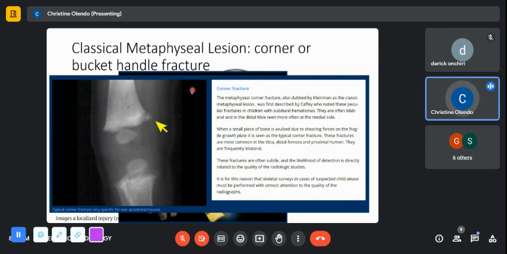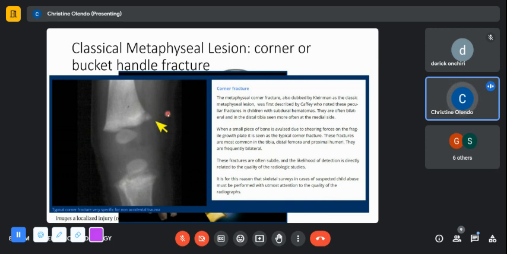So we'll go through the corner fracture. The person who first described this noticed that there were mostly more of these corner fractures associated with subdural hematomas, and now they make the connection between the two. They're often bilateral, and in the distal tibia they're seen mostly on the medial side.